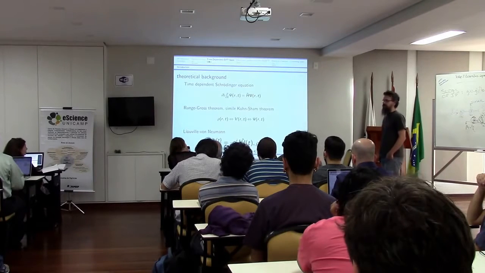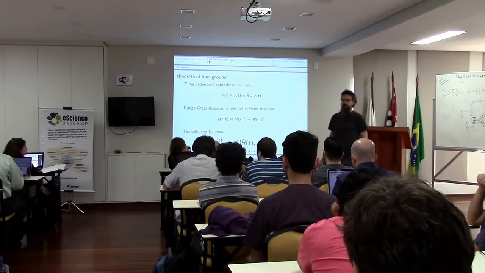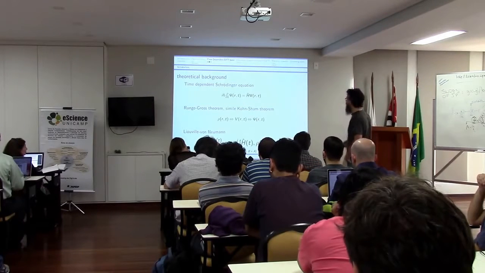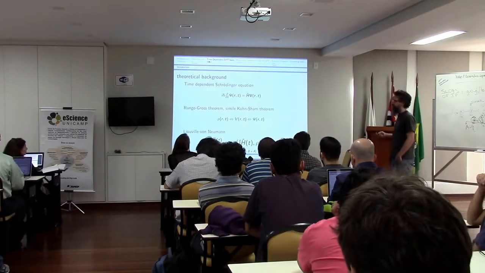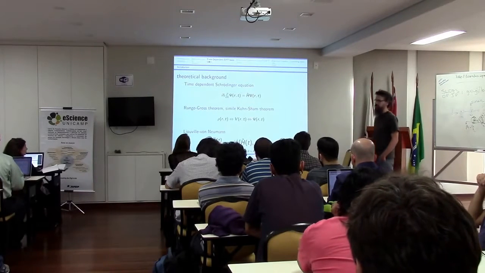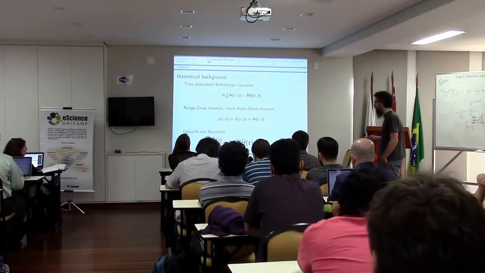The theoretical background is identical to DFT, but with other names. But you have the time-dependent Schrödinger equation. You still have the Kohn-Sham theorem. You have the Runge-Gross theorem, but it's equivalent.